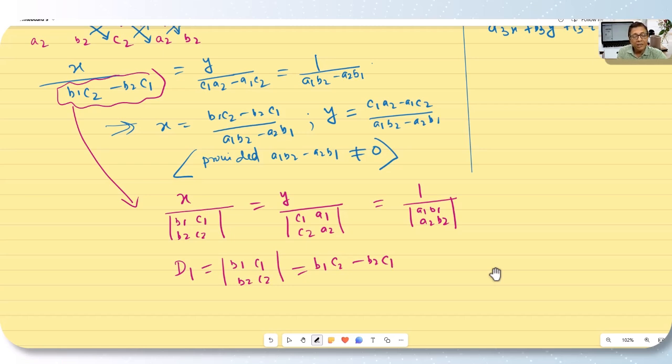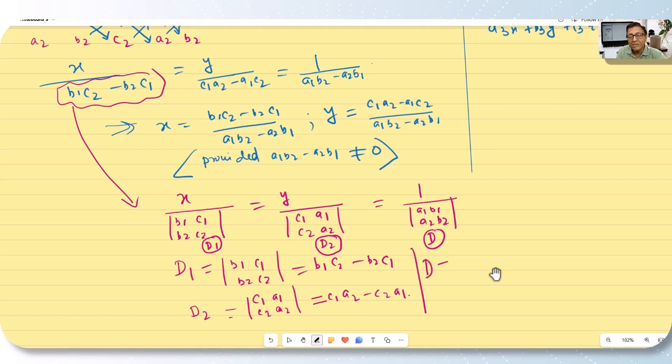This determinant we are referring to as d1, this one as d2, and this one as d. And d2 is what? c1 a1, c2 a2, which we have written as c1 a2 minus c2 a1.